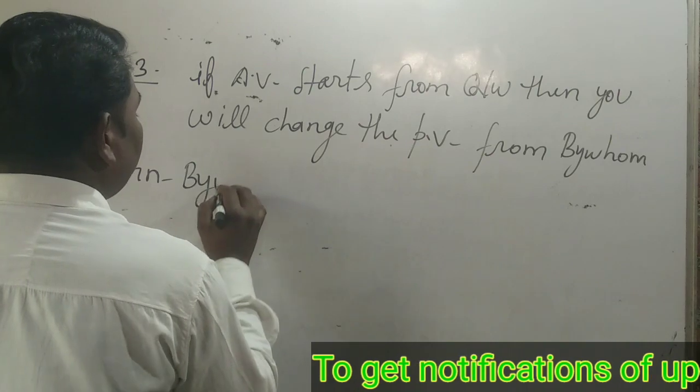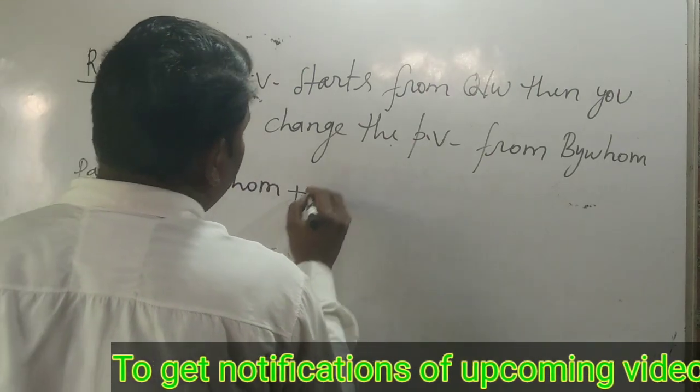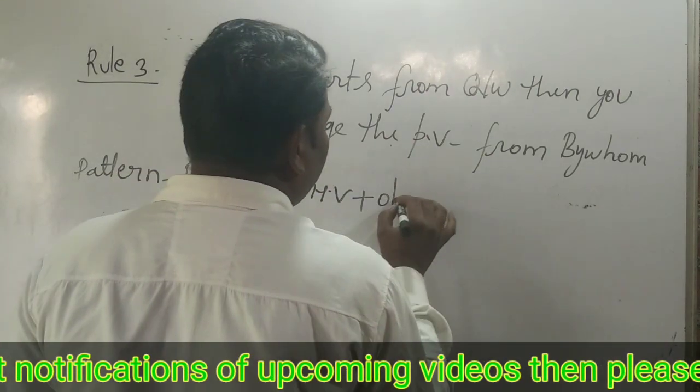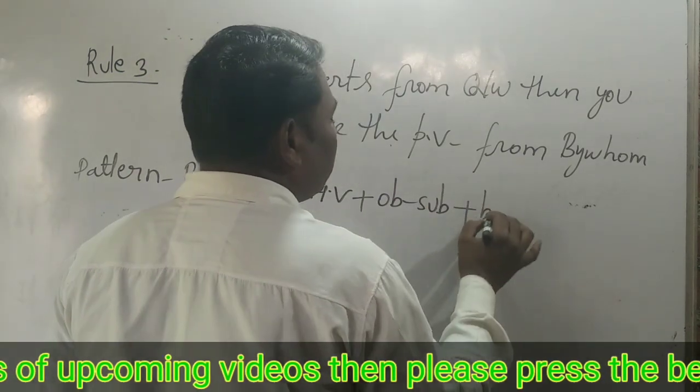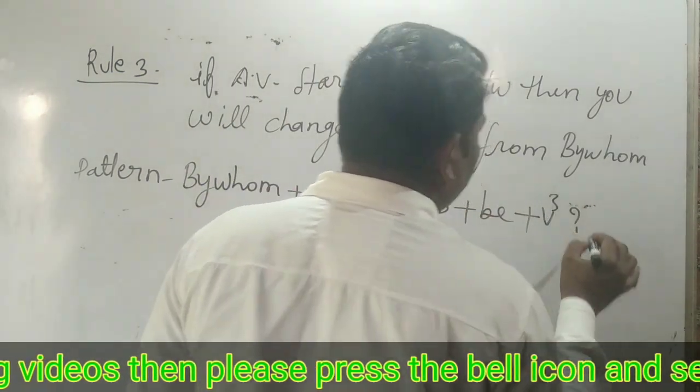Write by whom, and then helping verb, then object to subject, and then be, and then V3, and use a question mark.